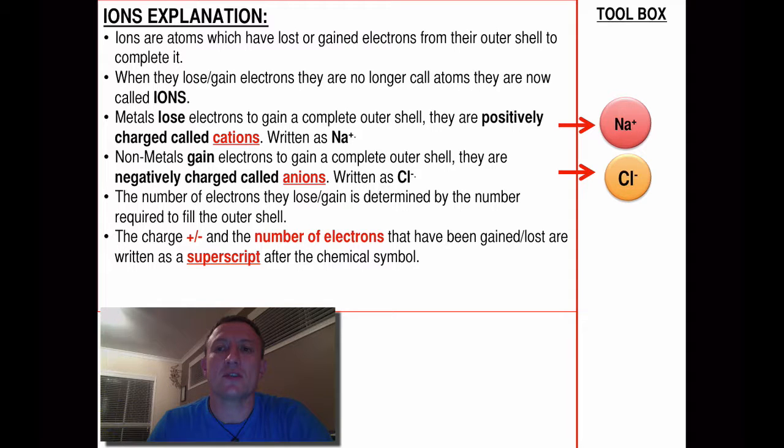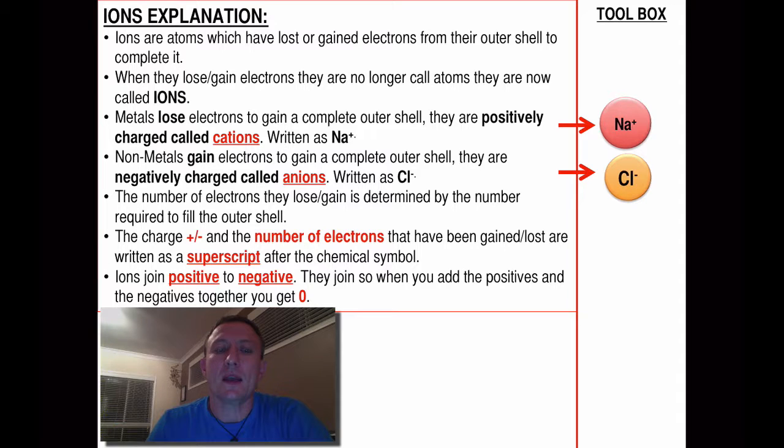That means it's lost one electron. Chlorine, however, has gained one electron. This means it's Cl-. Basically what we find with ions is that the ions join positive to negative until they have a complete ionic charge of 0.